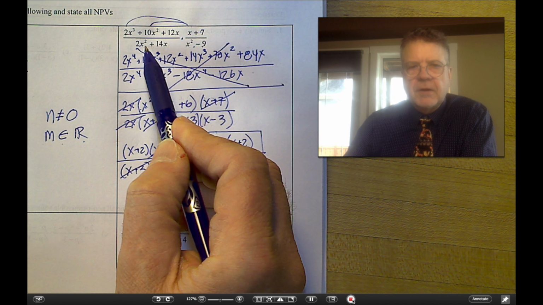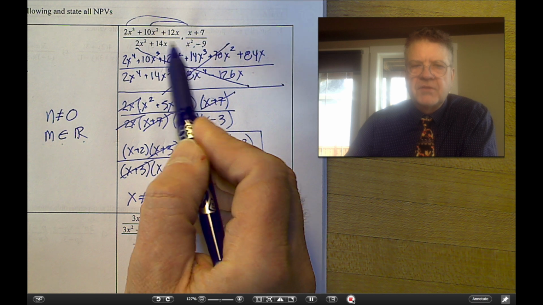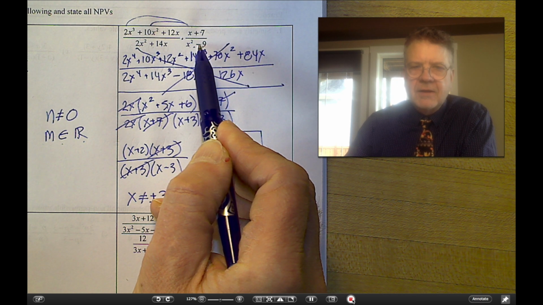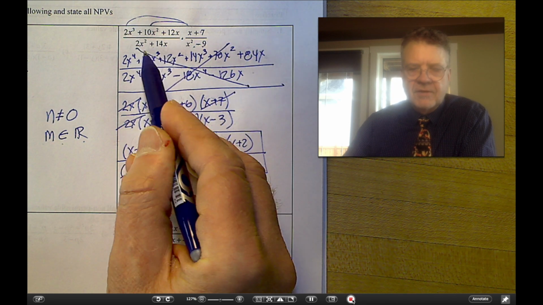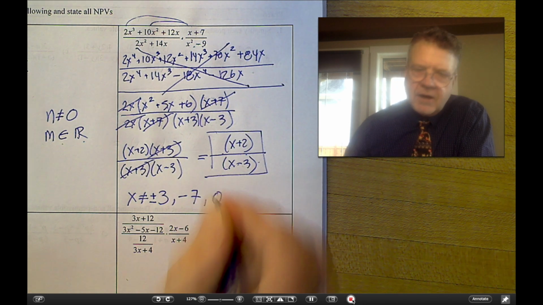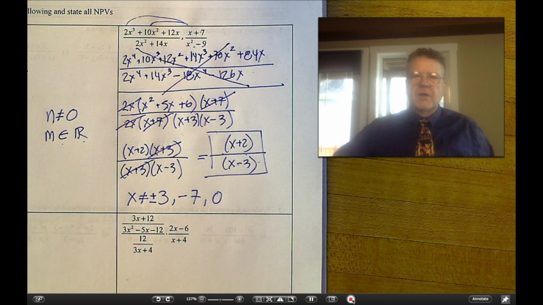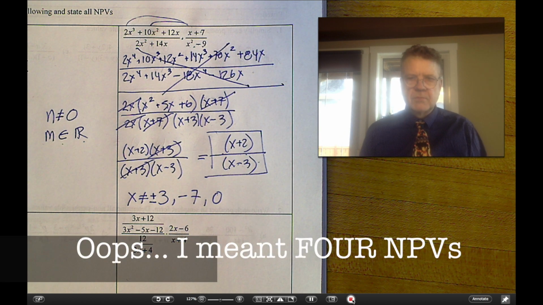What if x were 0 here? 2 times 0 is 0 plus another 0 is 0. 0 times negative 9 would be 0. So because of this, x may not equal 0 either. So we have, count them, 3 non-permissible values in this expression. Wow.